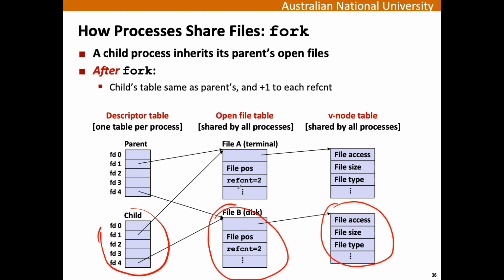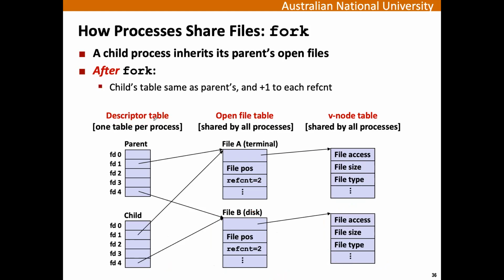The only thing that changes is the reference count, which is now 2, because now the parent and the child both have these files open, so the reference count increases by 1. They both must close each of the files for the kernel to destroy all the data structures. This is the thing: after fork, the child gets an exact copy of the parent's tables that provide the file abstraction.